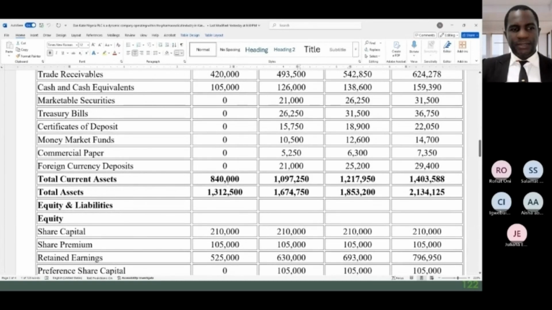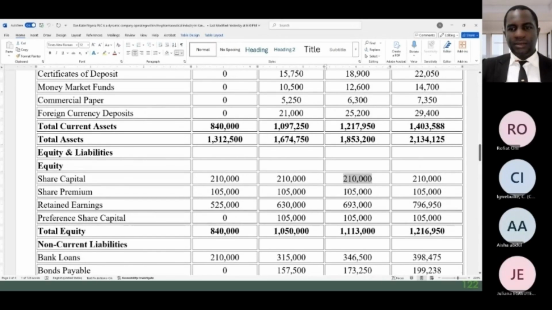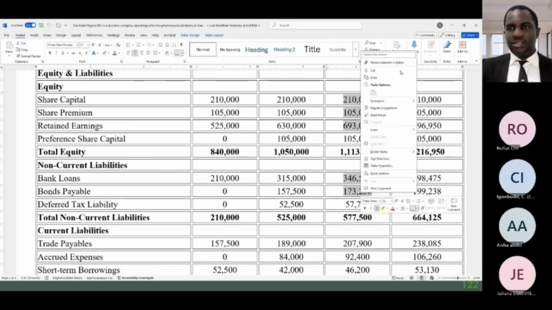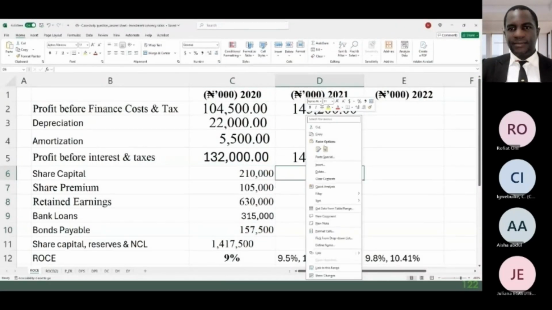So on our SFP, we go to 2021, 210, share premium, retained earnings, no preferred share capital. So we'll go and pick bank loan and bonds payable. So I've taken the 5 figures. Let me add it here.